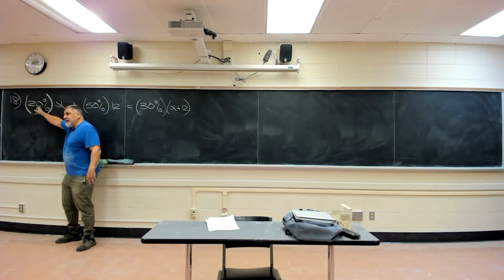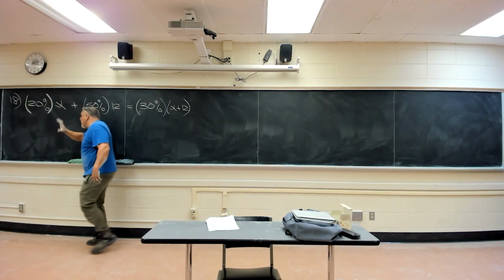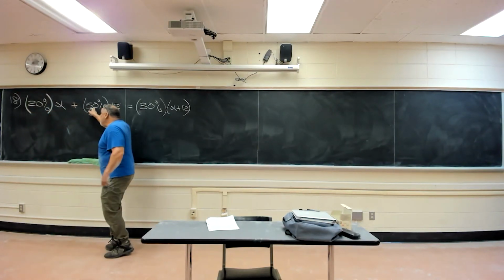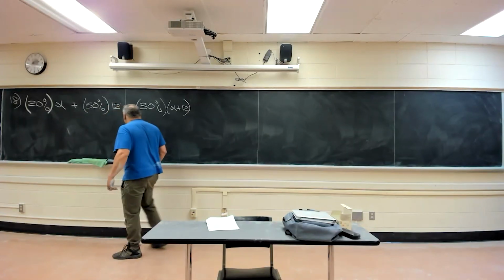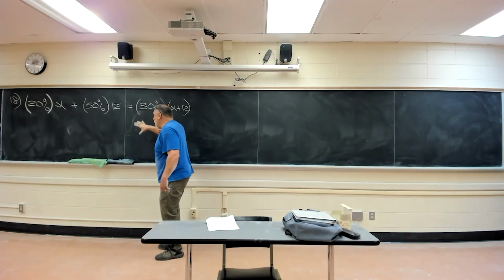For every 100 liters of the alcohol solution, 20 liters are pure alcohol. Here, 50 liters out of 100 are pure alcohol because of the 50%. Here, 30 liters out of every 100 liters are going to be pure alcohol.